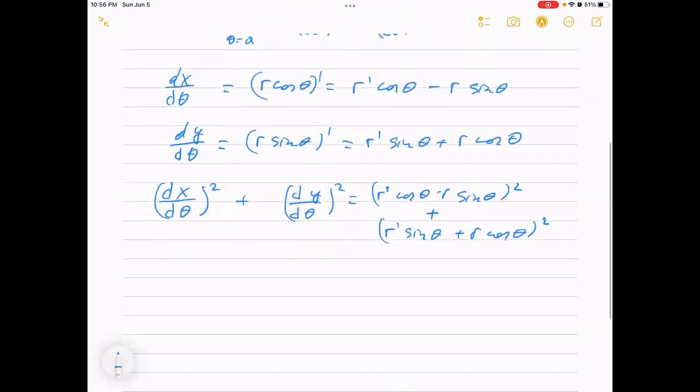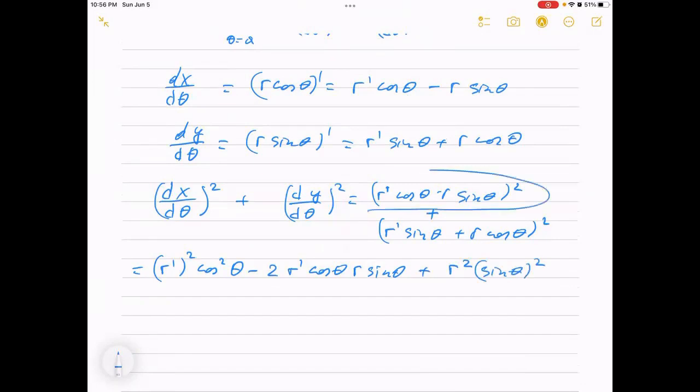That's what we got, so let's do some small calculations. The first square expands to r prime squared cosine squared theta minus 2 r prime cosine theta r sine theta plus r squared sine squared theta.